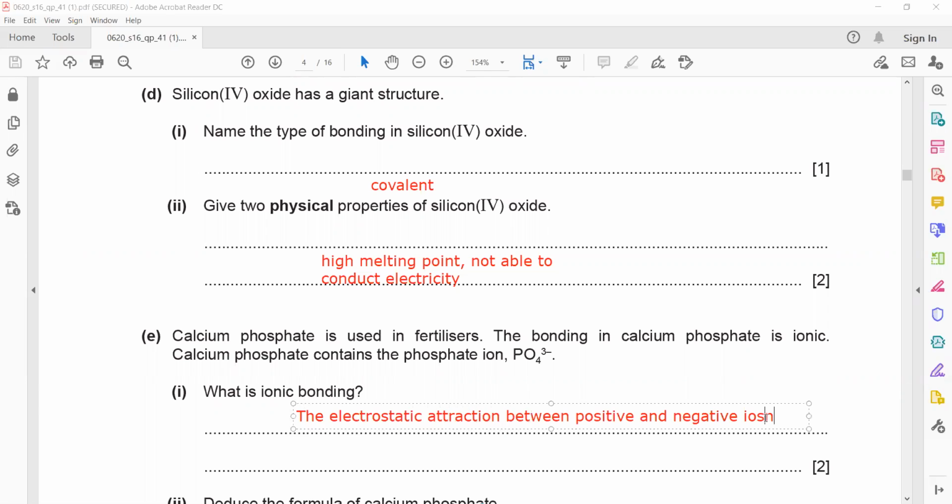One mark is for positive and negative ions. If the bond is between a metal and a non-metal, it will be ionic. If the bond is between non-metals, it is covalent.